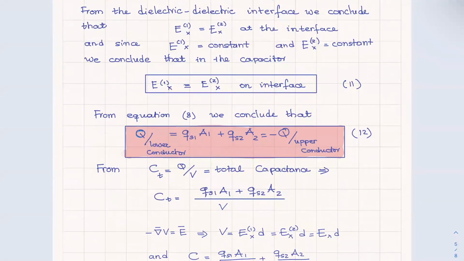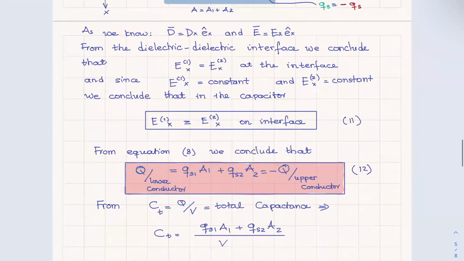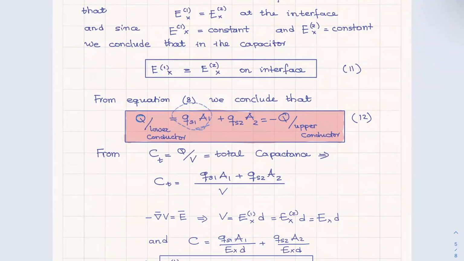Also, there is a change in the total charge. We consider the total charge to be the charge density on each conductor multiplied by the area, and the sum of these two.